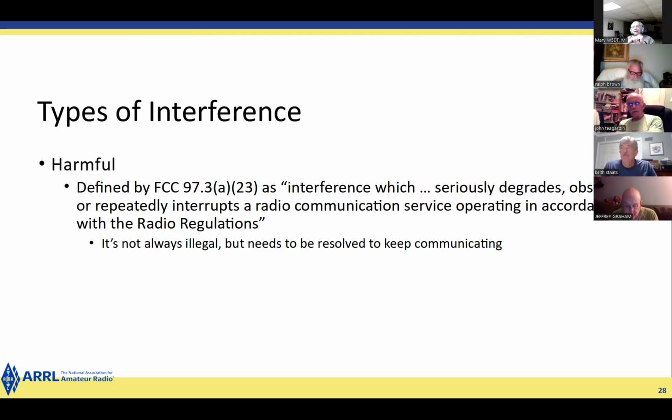But an expensive radio is not necessarily the best radio. And sometimes an expensive radio is not going to do you any good if you're in a high noise environment. So these are all things you have to take into consideration when you're a ham radio operator.